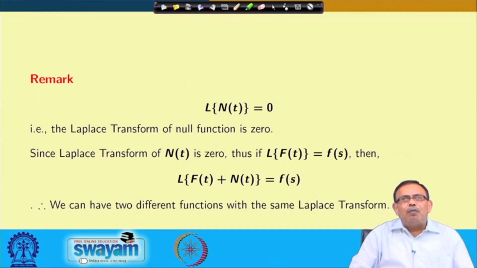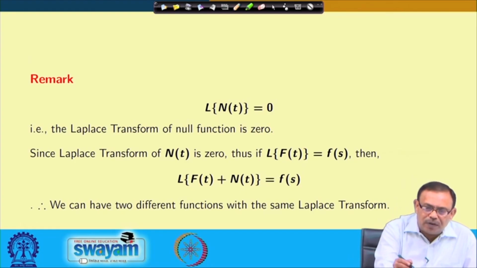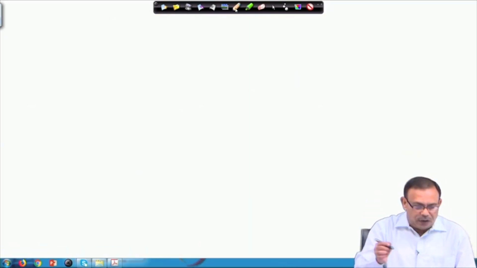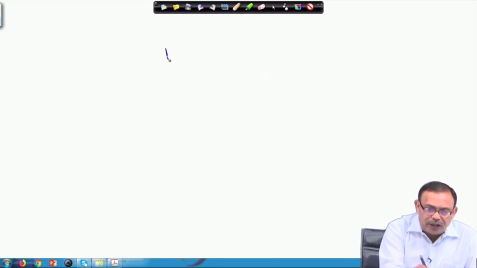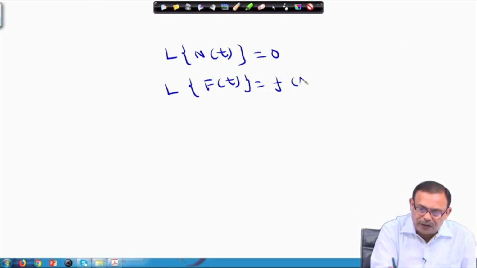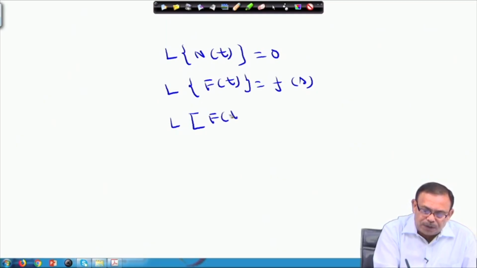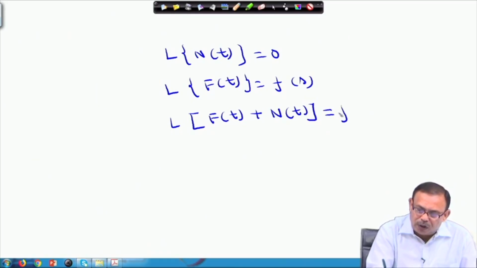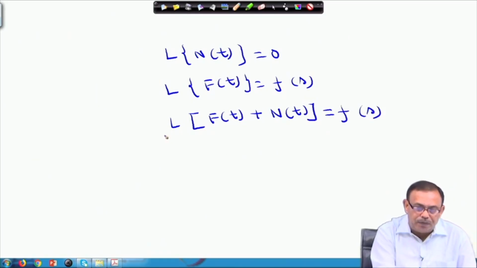I am saying the Laplace transform of the null function n(t) is 0 and if I have a function f(t) whose Laplace transform is F(s), then from the basic property I can write the Laplace transform of f(t) plus the null function equals F(s). What is the meaning of this line?